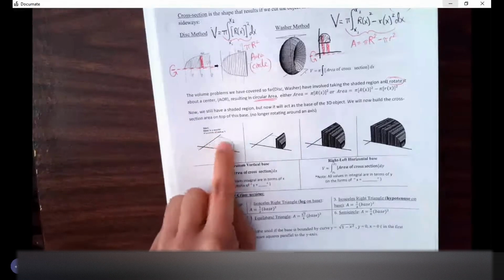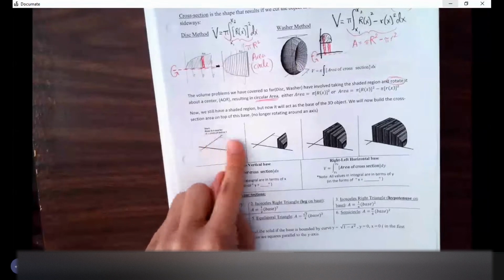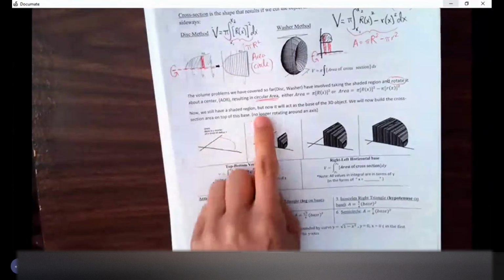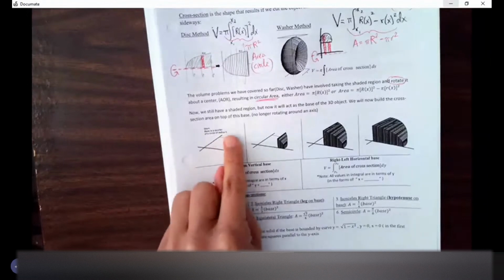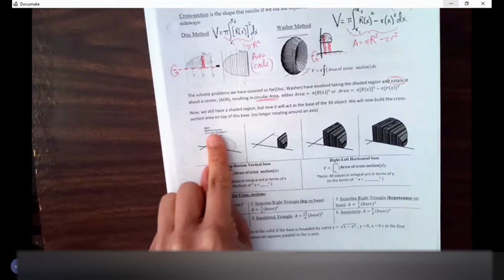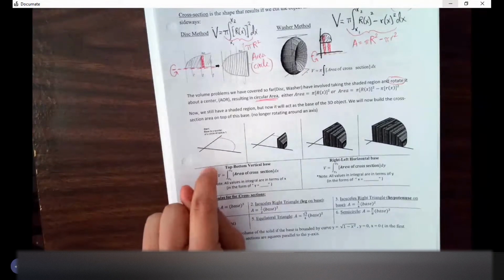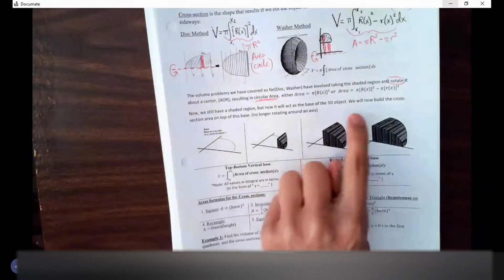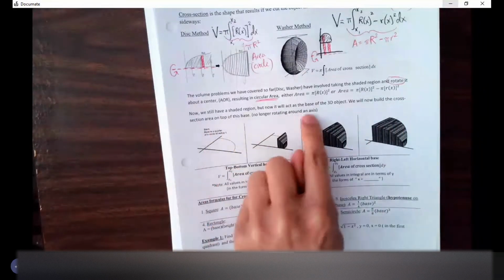So don't look at the shape of the base. We're just building different things on top of this base. But instead of rotating this shaded region, we're going to be building cross-section area on top of this base. This is drawn in a three-dimensional perspective.